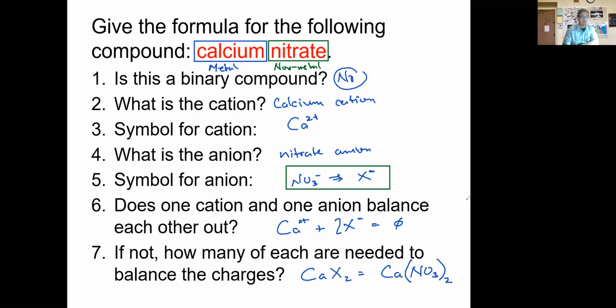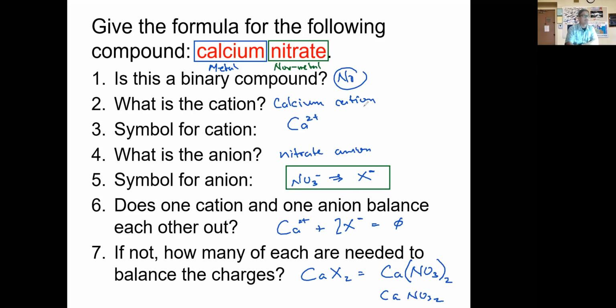Because if you write it out this way, and you write it out as CaNO3, and you forget to put the 2 outside, that 2 now is meaningless. That 2 can be mistaken for, say, 32, that you have 1 nitrogen and 32 oxygens. And that's obviously not the case.